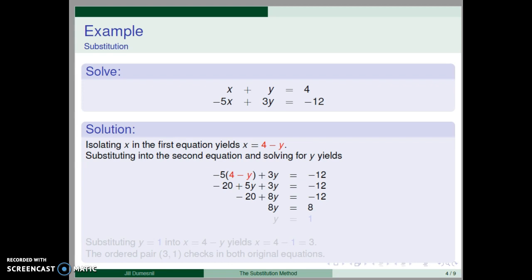When we add 20 to both sides of the equation, we get that 8y = 8, so that y = 1. Then substituting y = 1 into the equation from step 1 yields that x = 4 - 1, which is 3. Finally, we see that the ordered pair (3, 1) checks in both original equations.